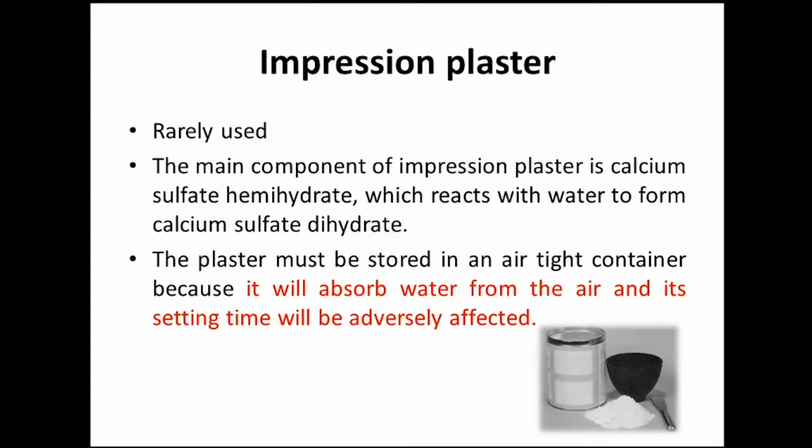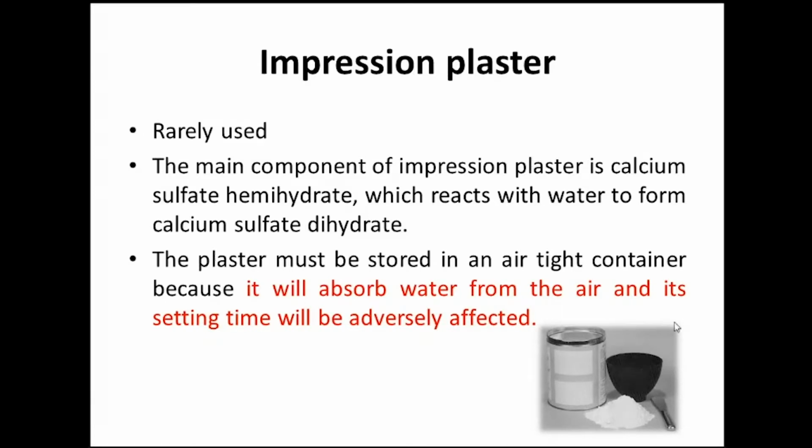The main component of this type of impression is calcium sulfate hemihydrate. When it reacts with water, it produces calcium sulfate dihydrate, not hemihydrate. Dihydrate means two molecules of water. But as a precaution, this type of impression must be stored in an airtight container.